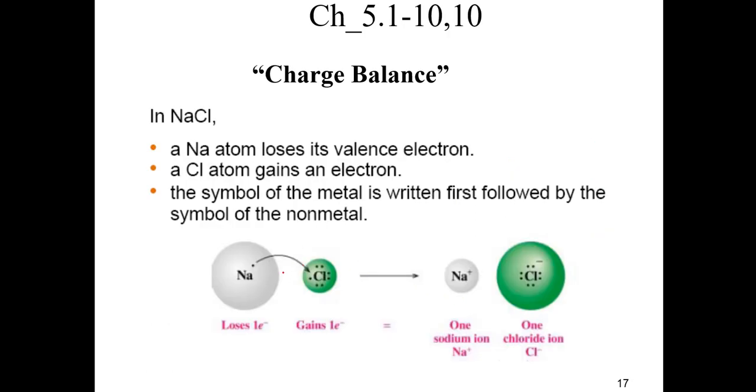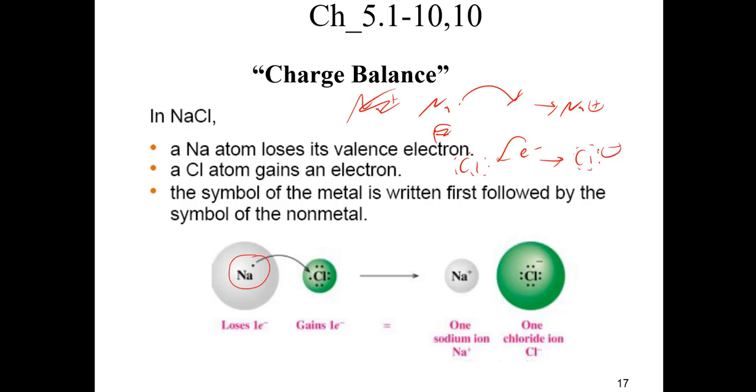Here's another example of the same thing. So here's sodium. This is the electron dot formula. And then here's the chloride. Now, I made a big deal before how sodium would lose its electron, forming a sodium positive, and then fluoride or chloride would go ahead and gain an electron.